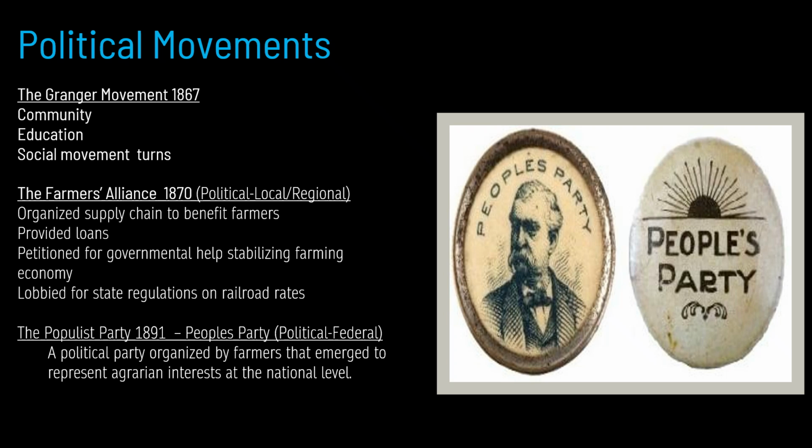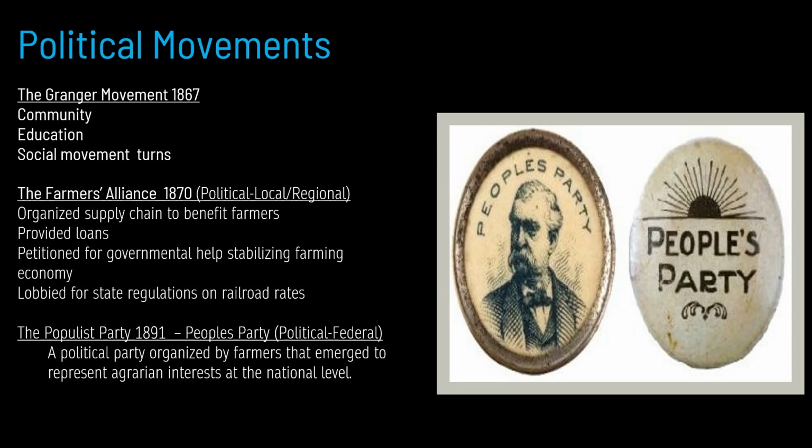So that is how this begins. They start having meetings and start kind of social networking. Then over time, this movement brings together farmers who are sharing the same struggles, and they start to unite, and then they want to start to fight for fair treatment.